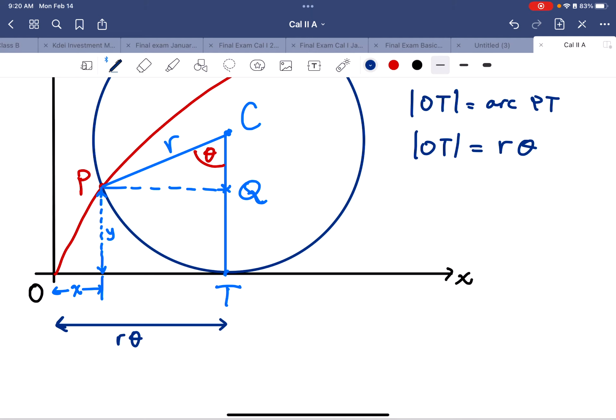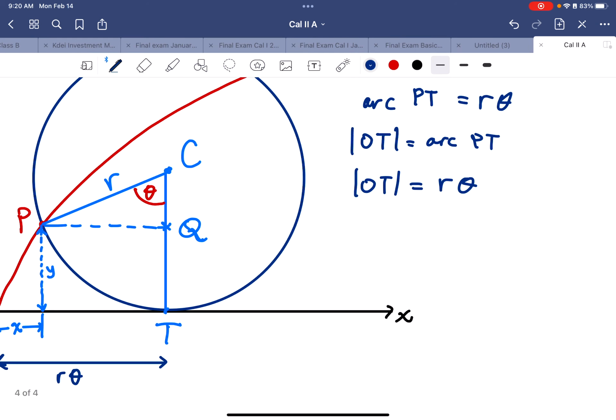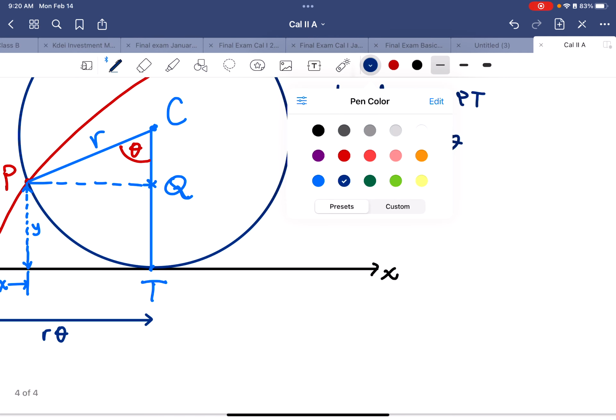So if you want to know this x here, the position of P, we can have OT, or r theta, minus this, PQ. And we know PQ from this triangle. So we can write PQ. Let me use a different color.